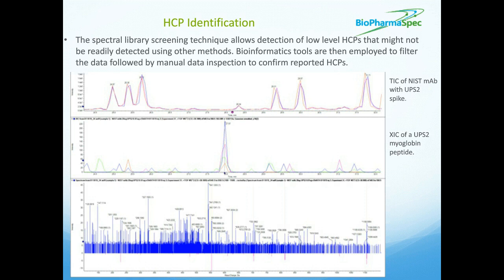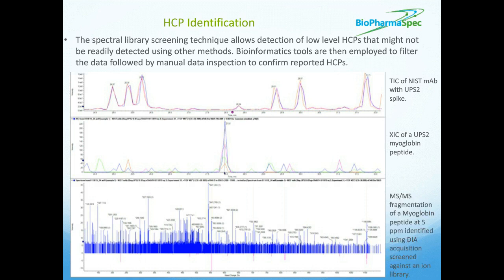you'll see that this myoglobin peak isn't initially visible in the total ion current because it's being overshadowed by the background of the high levels of drug product, or the NIST-MAB in this case. But if we run it through our software and we know to look for this specific peptide at this retention time and which B and Y ions to look for, we can easily find this very low-level peptide.